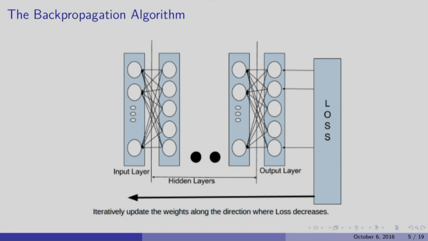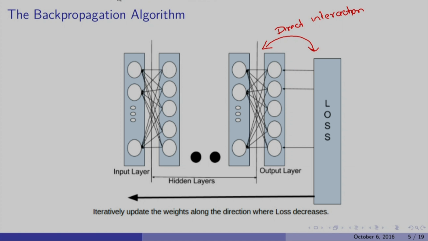So here is the pictorial depiction of the backpropagation algorithm. The output layer is what interacts directly with the loss function. In other words, the loss function is evaluated at the output layer.